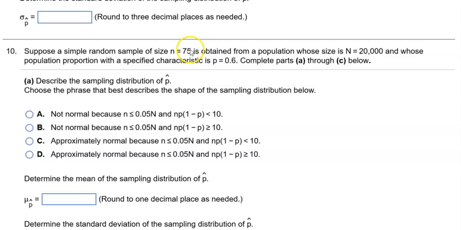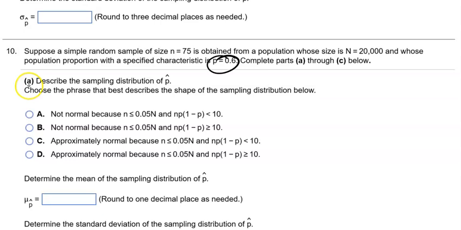Lowercase n, the sample size, is 75, and uppercase N, the population size, is 20,000. The population proportion with the specified characteristic is 0.6. That's the p. The population proportion is 60%. Complete parts A through C.